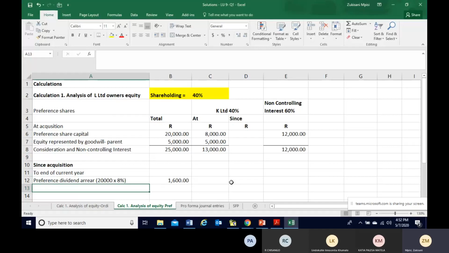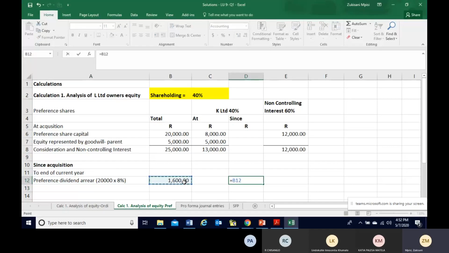Please look at the percentage of holding now. It becomes 40% when we are working on KLTD, and 60% for the non-controlling interest. I want you to be able to see the change as it happens.